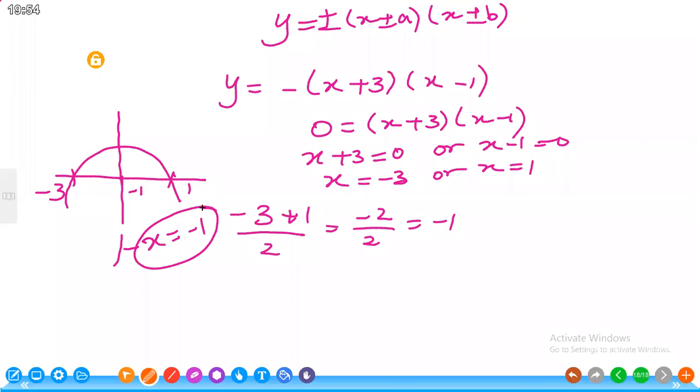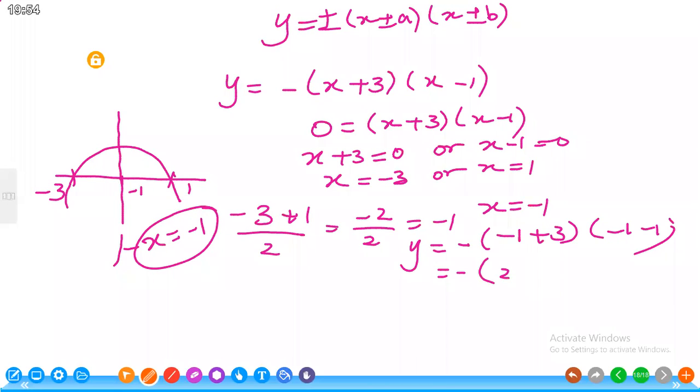Now I substitute x is equal to negative 1 in this equation: y is equal to negative (negative 1 plus 3) into (negative 1 minus 1). So negative 2 times negative 2 gives y as positive 4. So I found the maximum value also. And then I draw the graph.